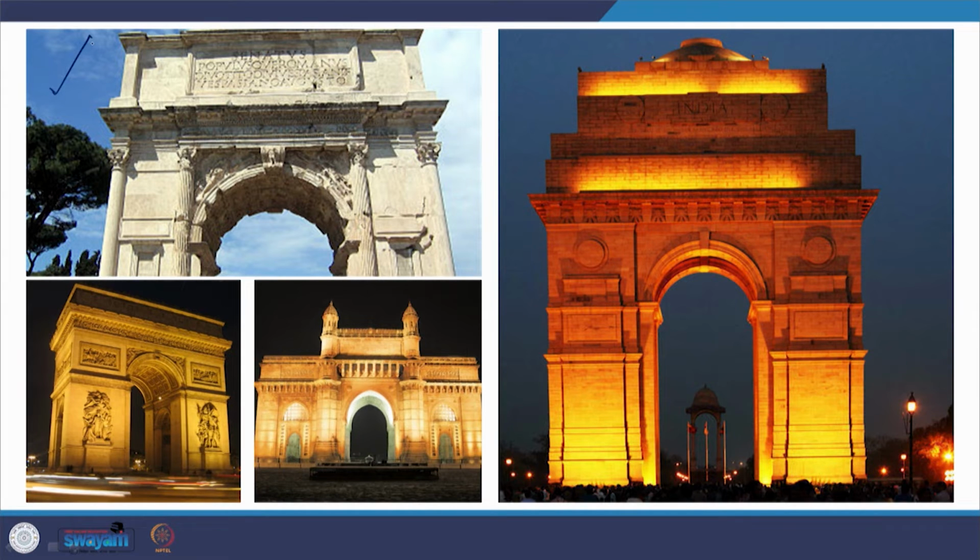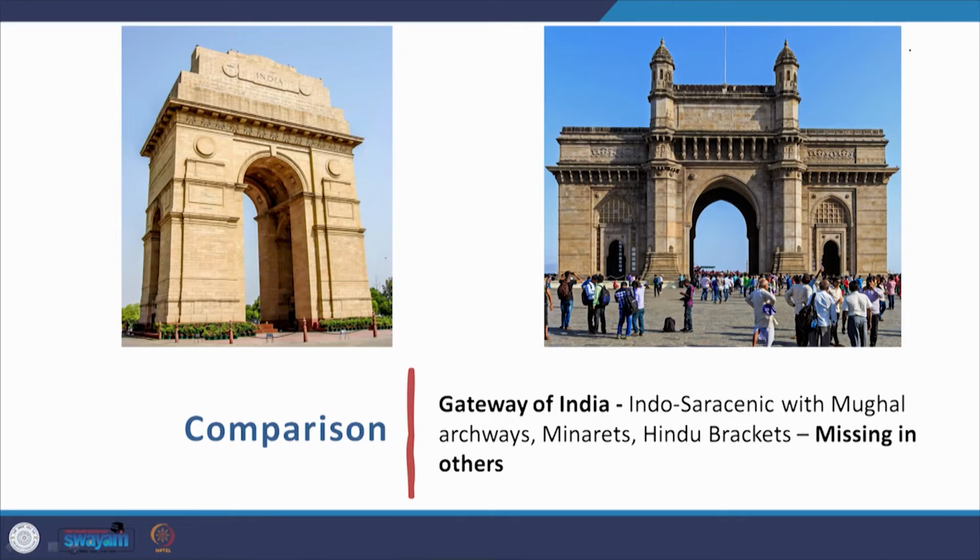Now similar gates exist in different parts of the world. For example, the Arc de Triomphe in Paris is also an example of a similar gate, and then of course the Gateway of India, which was built for the arrival of the British Emperor in Mumbai, and then the India Gate in New Delhi. These are all connected ideas. If we compare the Gateway of India with India Gate, we see the amalgamation of Indo-Saracenic architecture in the Gateway of India.